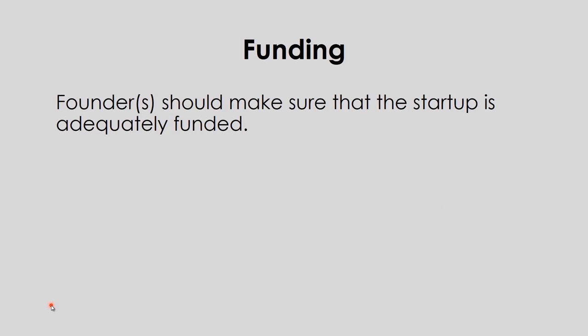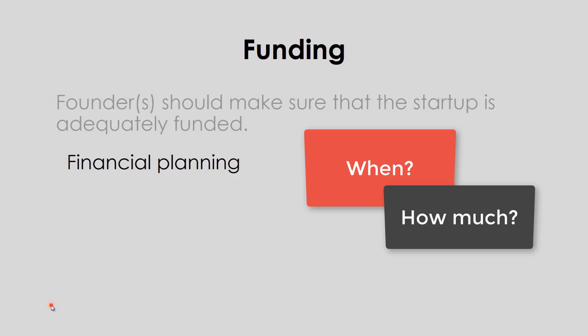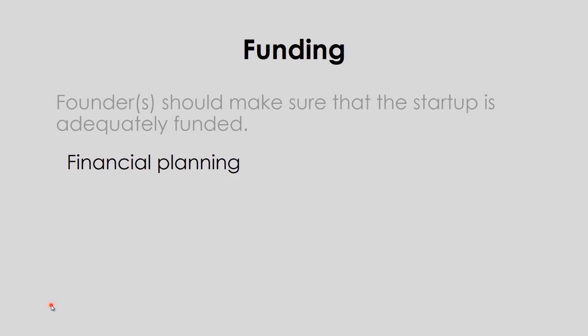Founders should also make sure that the startup is adequately funded all the time. You want to know when your startup needs money and how much. For this, you need a plan of financial planning. Then you go out and meet investors like angel and venture capital investors and get funding.